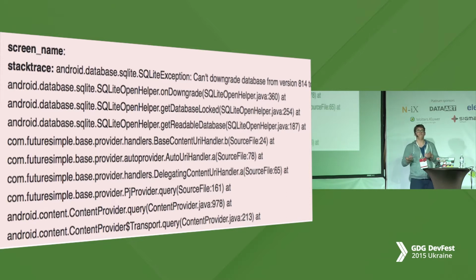Because, for example, if you want to install an older version of the application over the newest version using adb install, you'll receive an error telling you that you cannot downgrade, right? So this situation was super uncommon, and we didn't really know at the beginning what really happened and why this executed.